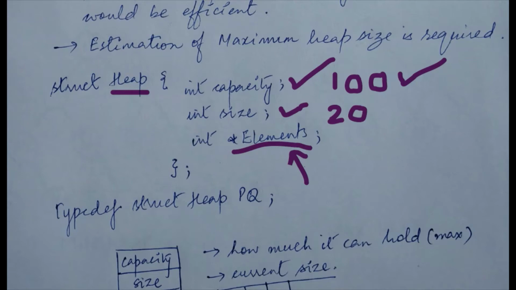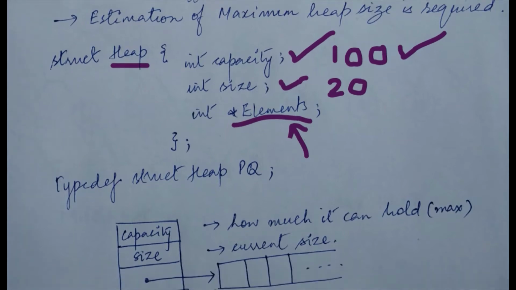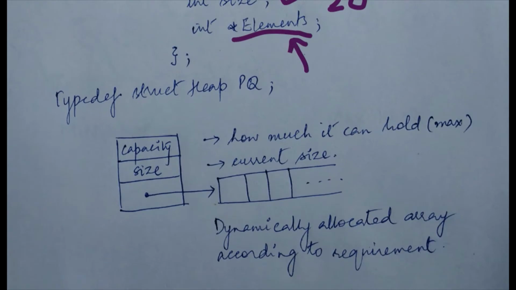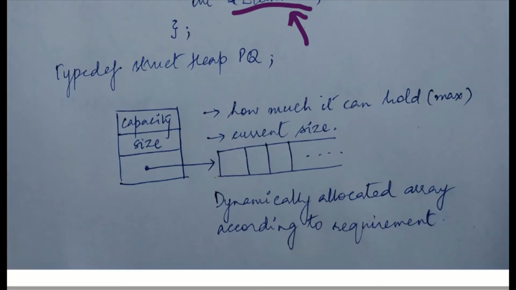And then I can use elements as an array because I have a continuous block of memory of size 100. So I'm declaring a dynamic array like this. If at any point of time I want to increase my capacity to say 200, then I can use realloc. Whatever existing elements are there, they'll be copied in the new block, and the block size will be increased.